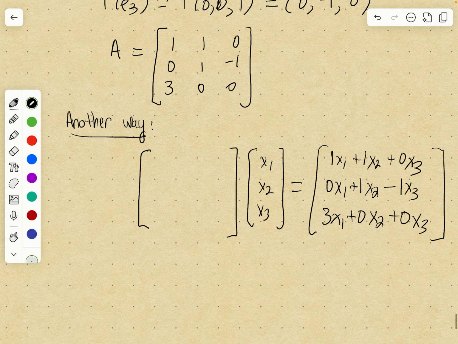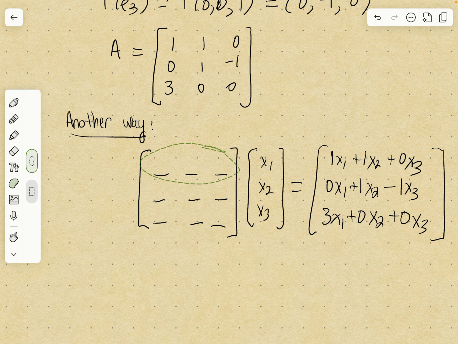And now you can fill in, I have 9 blanks that I need to fill in, and they're going to be numbers. And when you multiply them by x1, x2, x3, I'm supposed to get this vector. So let's look at the first row. This row times x1, x2, x3 has to be that. So obviously the numbers have to be 1, 1, and 0 to make that work.